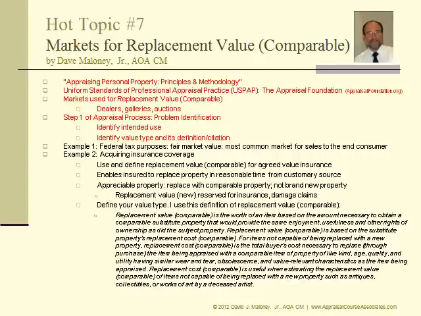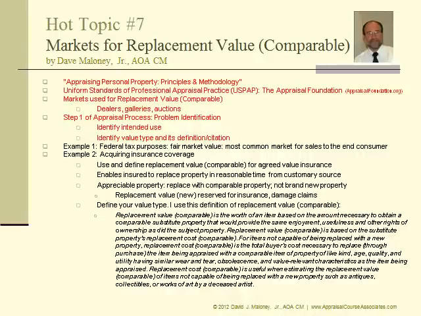There are other elements of information that must be identified during the problem identification phase of the appraisal process. For a detailed discussion of the appraisal process and of problem identification, watch my YouTube Hot Topic videos number 1 and number 2. But intended use and value type being employed and its definition are of special significance because identifying them enables the appraiser to then, in turn, identify the appropriate market in which to conduct research in order to locate market data on which to base an opinion of value.